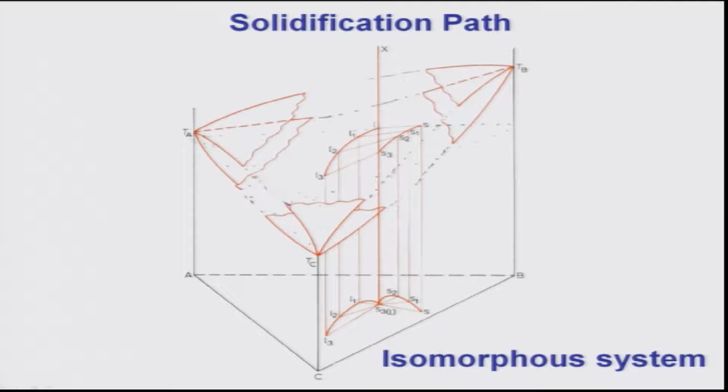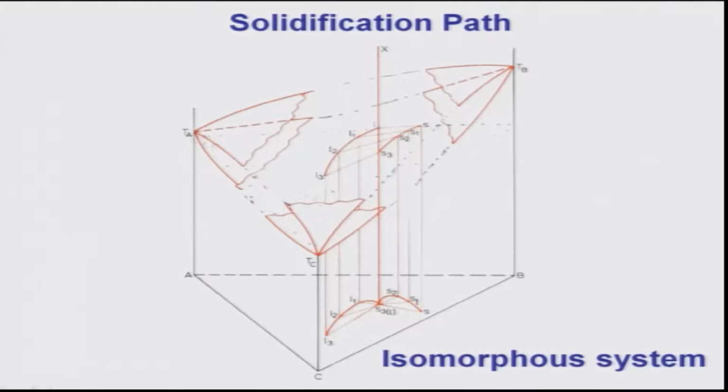Here you can see X, L, S, L1, S1, L2, S2, L3, S3 all shown, correct, and exactly the same thing is shown on the Gibbs triangle. So, with this I think you have got a good idea about how to follow the solidification path of these alloys.